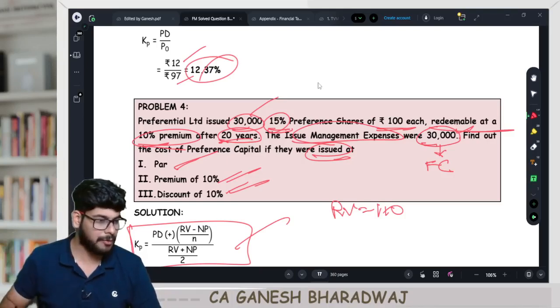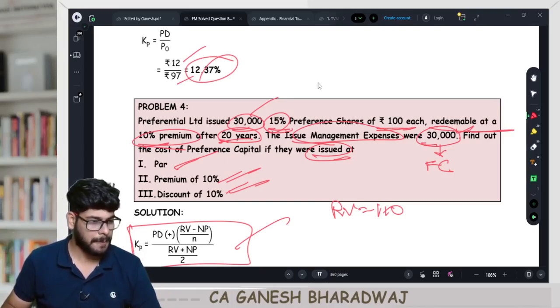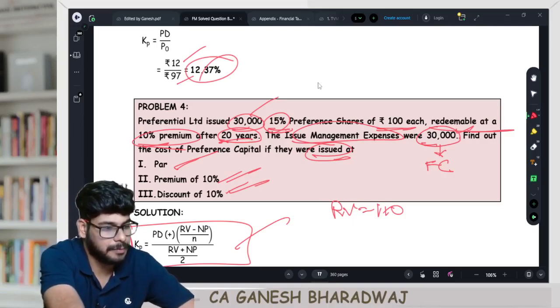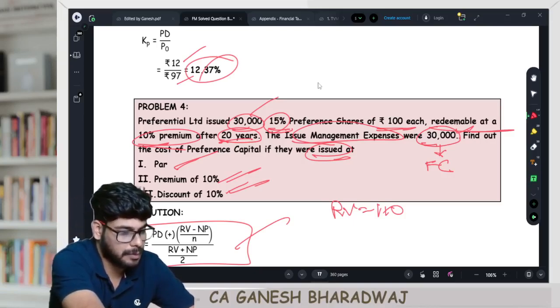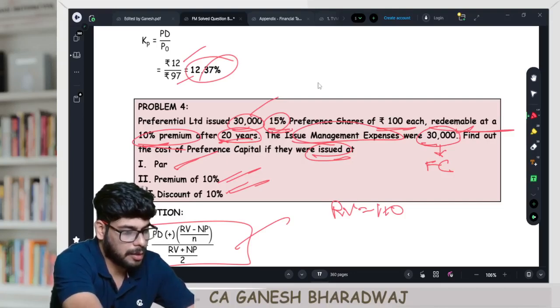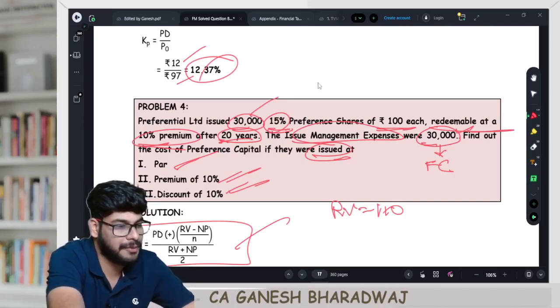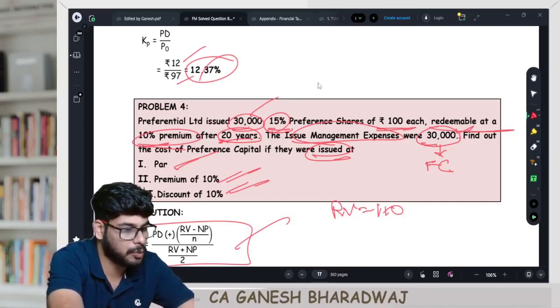Just go and update your library of adjustments. Write down. Previous question you noted down now. Write down: Cost of redeemable preference shares, within bracket formula method, hyphen par, premium and discount.